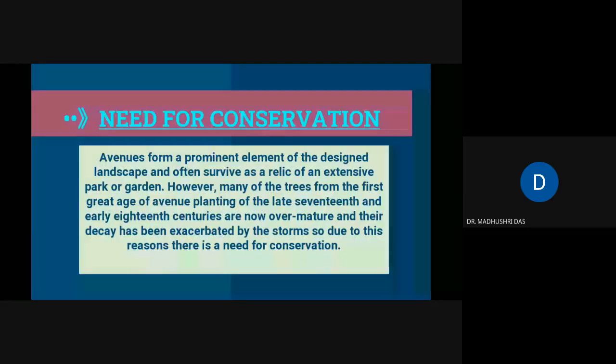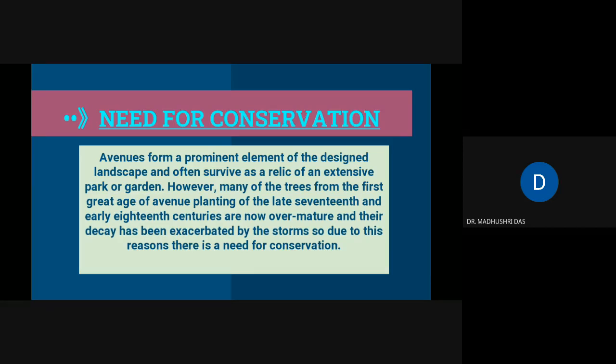Now let us talk about why there is a need for conservation. Avenue trees play an important role not only in designing the landscape but also, they survive long after their decay and are left in gardens and parks.